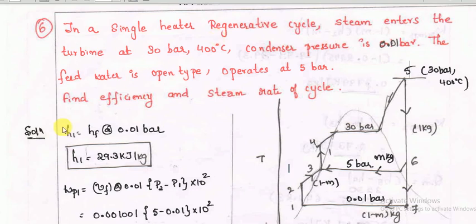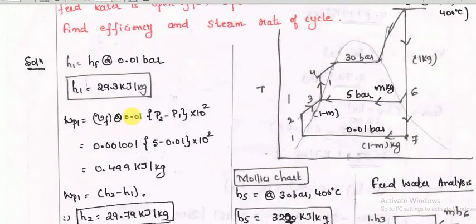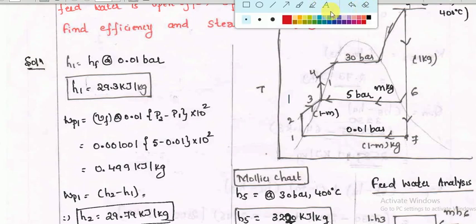After noting down the value of h1, we go to the next point, that is point number 2. How to find the value of h2? Before finding h2, we will find the work of pump number 1. WP1 is from 1 to 2.